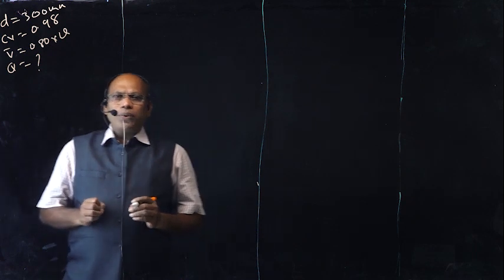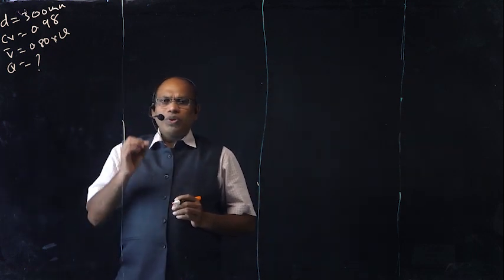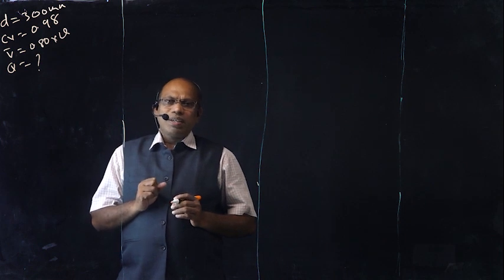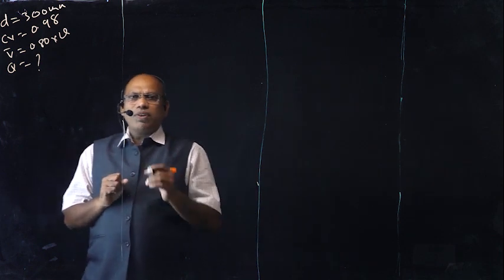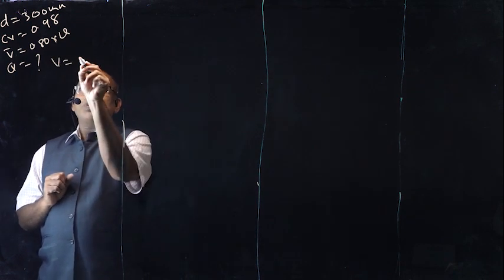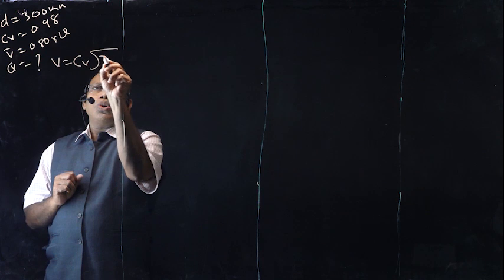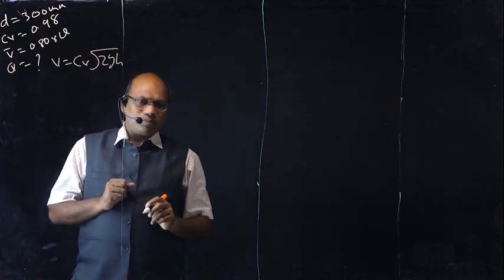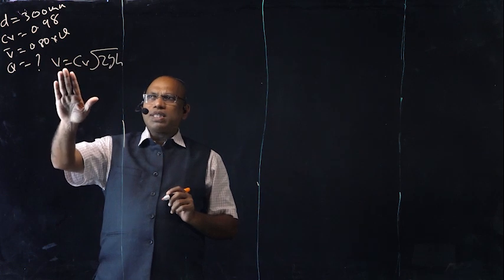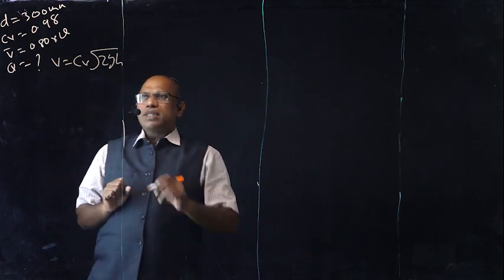In case of pitot tube, we know one formula for the determination of velocity. V is equal to the actual velocity V equal to Cv into root 2gh. I have derived this equation, velocity V is equal to Cv into root 2gh.